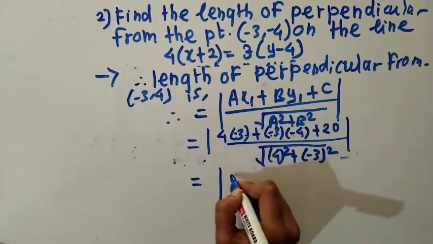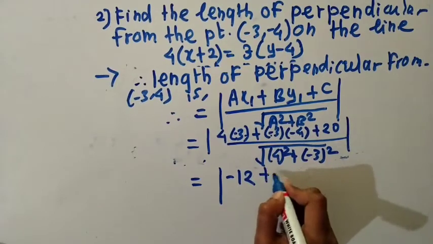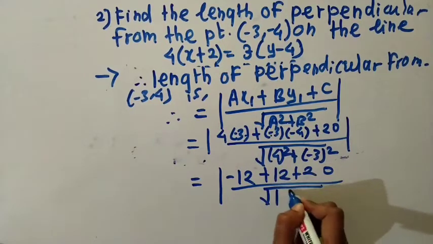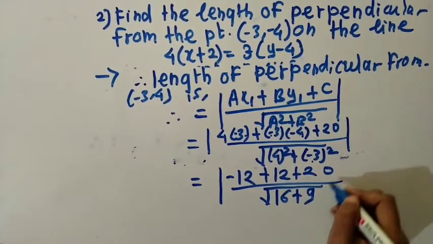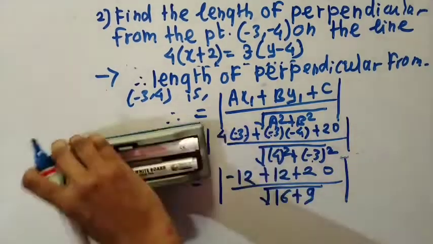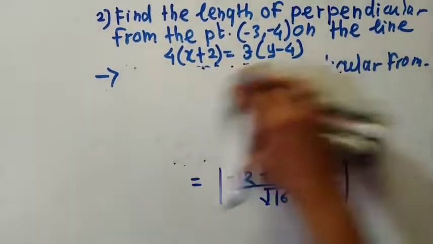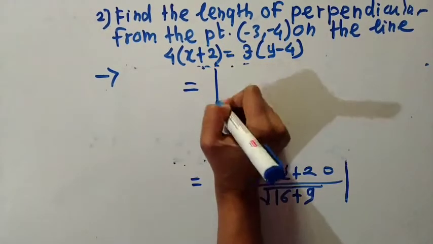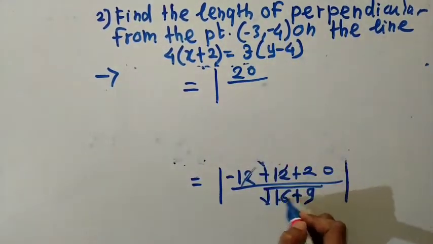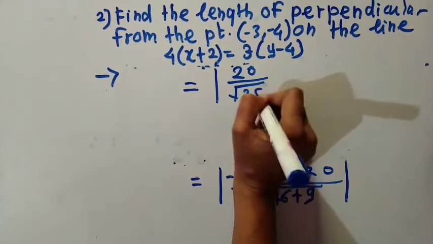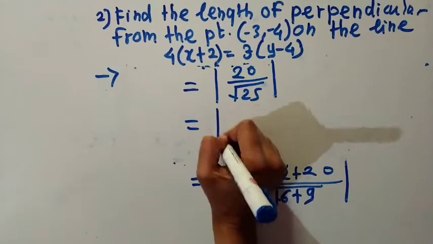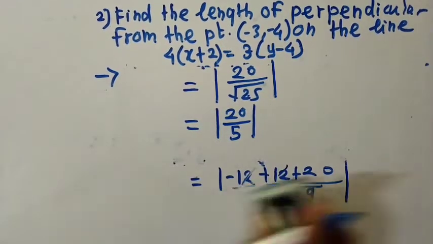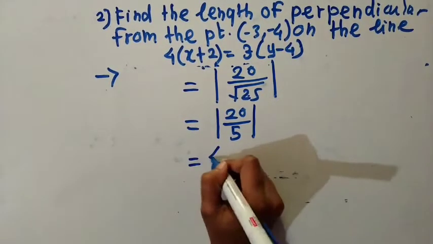And so we get -12 + 12 + 20 upon root of 16 plus 9. These cancel and we get 20 upon root 25, which is 20 upon 5. So we get 4 units.